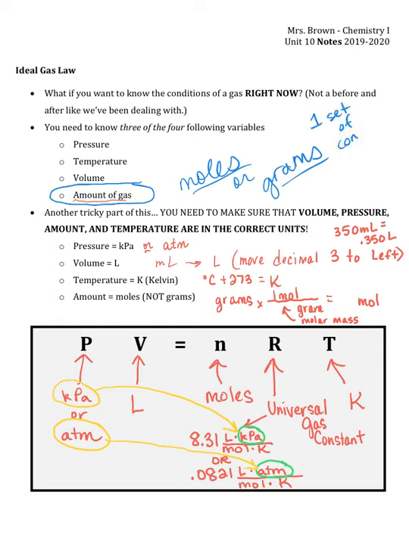So when you read through the problem, if they don't mention pressure twice, if they don't mention volume twice, they don't mention temperature twice, they only mention one set of conditions, or they mention moles or grams, you know it's probably going to be the ideal gas law.